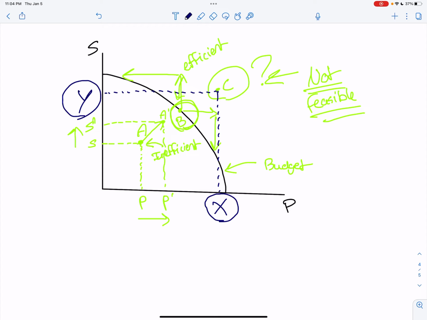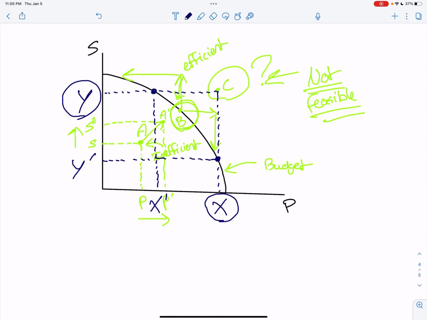If the society wants to produce X parks, it must limit itself to, let's call this Y prime stadiums. And if it wants to produce Y stadiums, it must limit itself to, let's call this X prime parks. So C is not feasible.